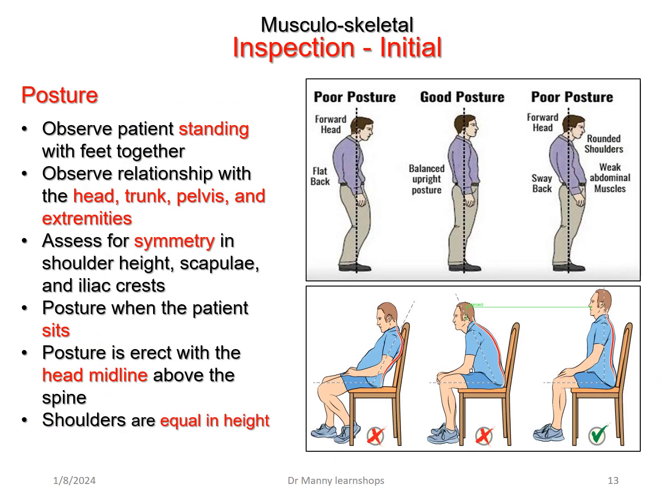Inspection, the initial inspection involves observing posture. And when you observe posture, you're observing standing with feet together. You observe the relationship between head, trunk, pelvis and extremities. And you assess for symmetry in the shoulder height, scapulae and the iliac crests.